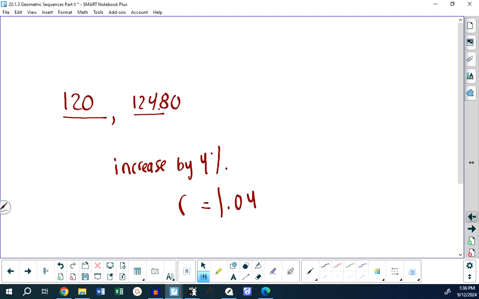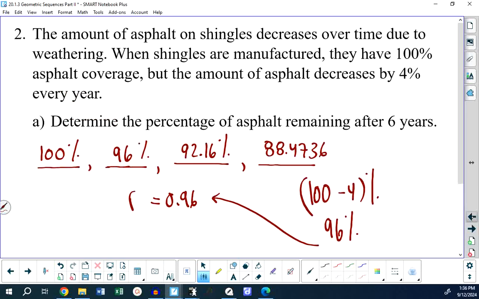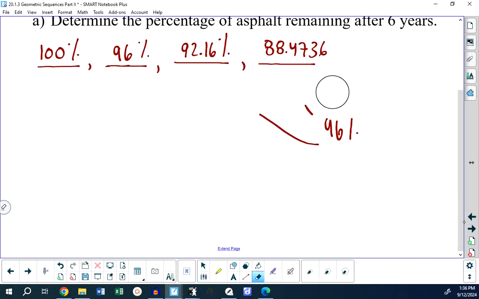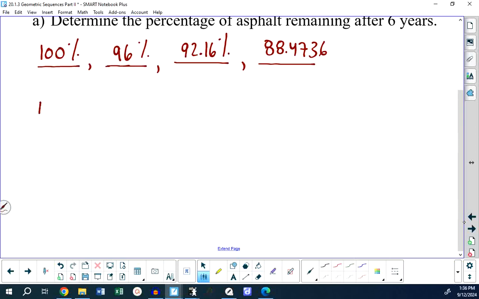Okay, let's get back to the shingles problem. Do you agree then that the first term here is 100 and the common ratio is 0.96? Are you with me? Okay, just checking.